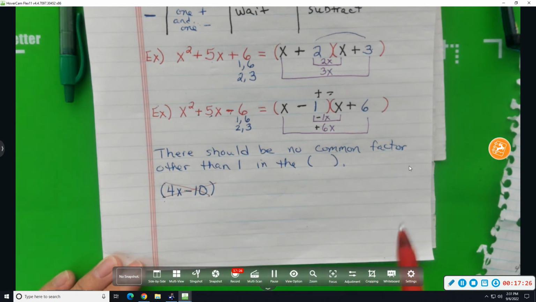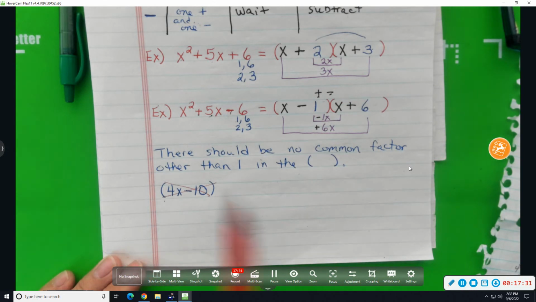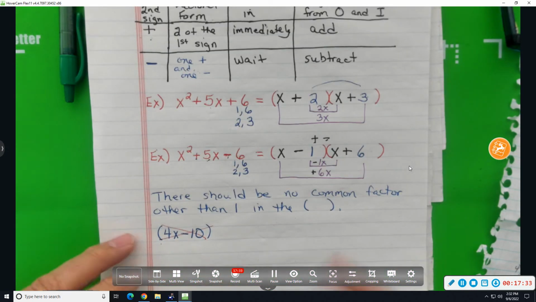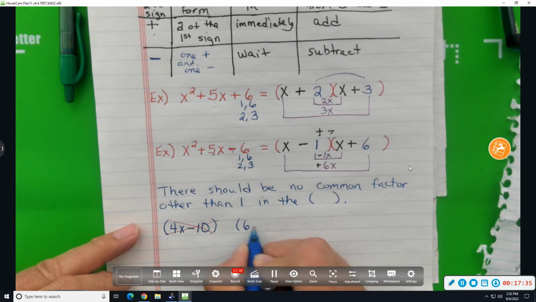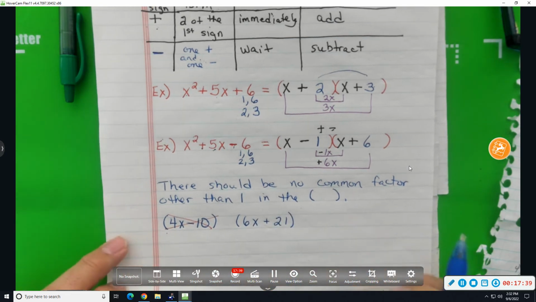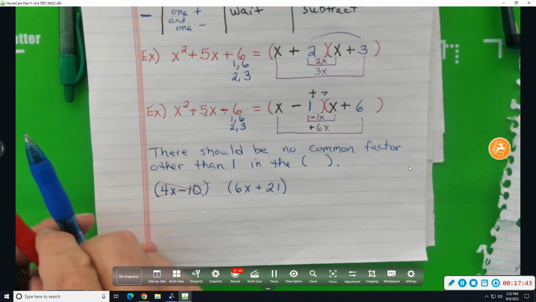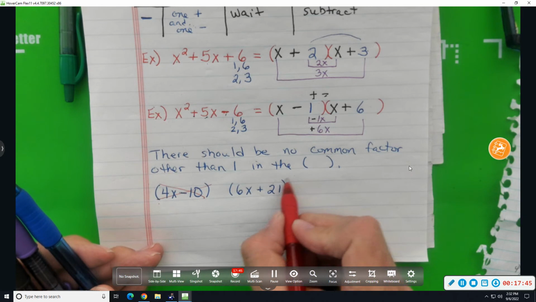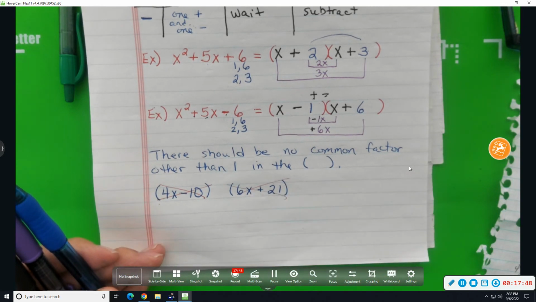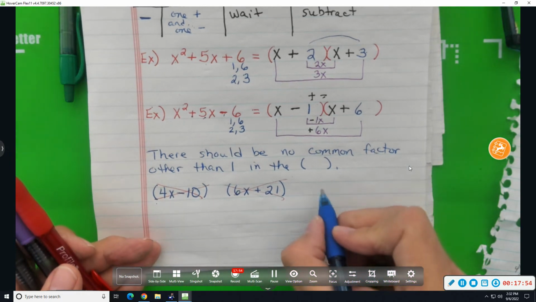In general, when you're foiling, you can never have 2 even numbers in it. What about this one? Here's one where it's not 2 even numbers. 6x plus 21. They're not both even, but 3 divides into both of them? No. You can never do that. Okay? No factors other than 1 inside the parentheses.